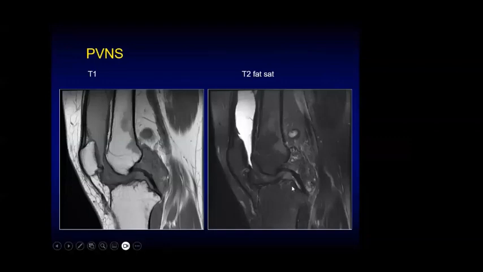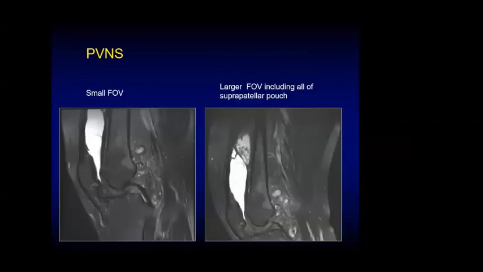What is really important about PVNS is that you have to make sure that you image the entire synovium. Sometimes PVNS can be multifocal. Although you have tumor here in the popliteal fossa, because the imaging was incomplete, they missed the tumor here.